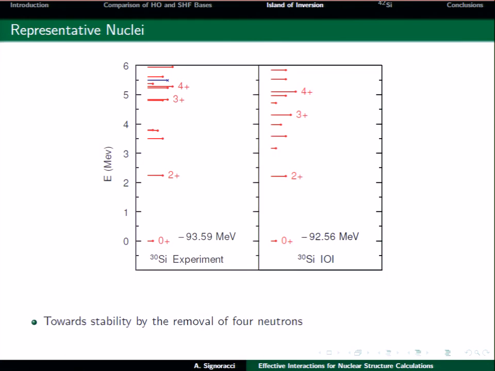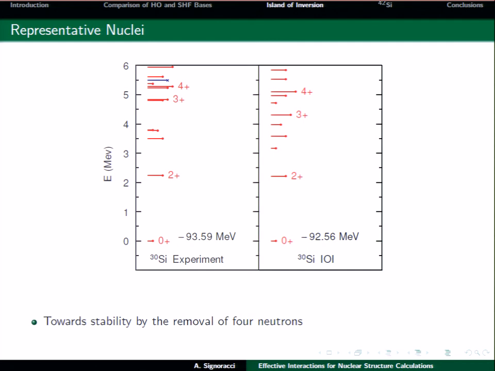In addition to general schemes, we can also look at level schemes of specific nuclei. So I show here experiment on the left and calculations on the right. The binding energy relative to the core of our model space, oxygen 22, is shown for the two calculations.